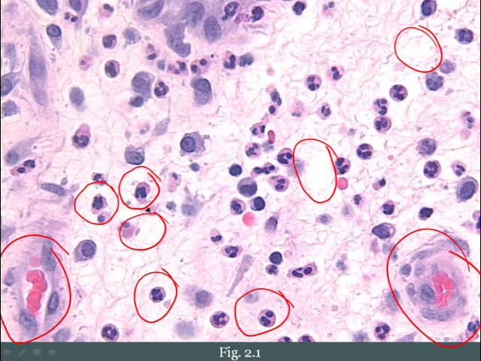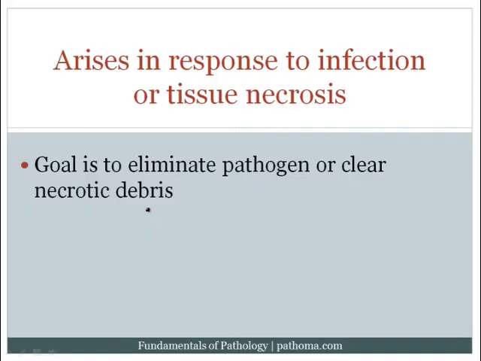And so, again, the hallmarks of acute inflammation are neutrophils along with edema. So the next important point to be aware of is that acute inflammation arises in response to two important stimuli. The first is infection, and I think we're all well aware of the fact that when there's infection, particularly bacterial infection, one of the key responses is going to be the neutrophilic response, which will then come in and destroy the organisms.